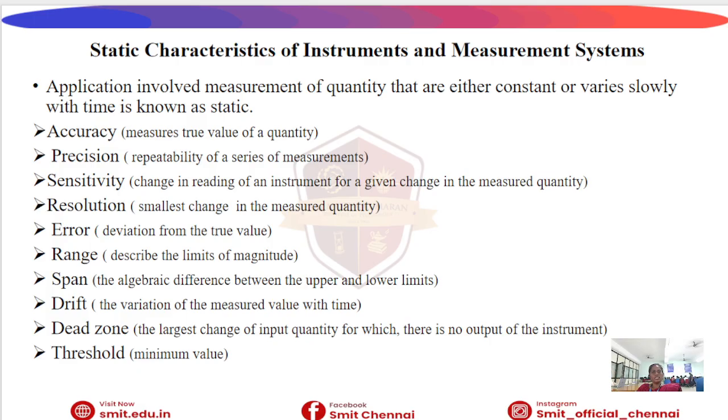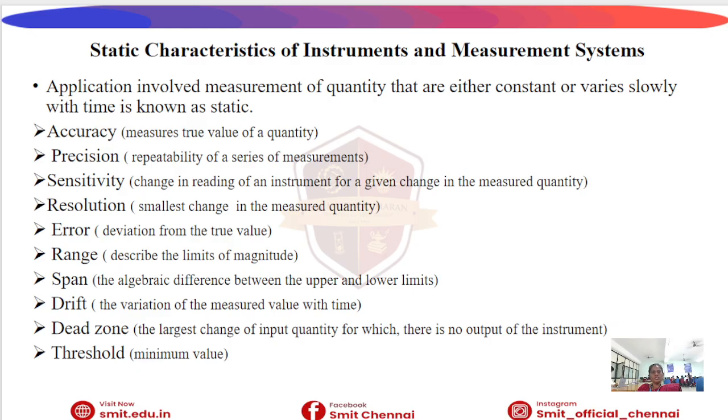Accuracy is how close the reading is to the true value. Precision is the degree of repeatability of readings. Sensitivity is the change in output per unit change in input. Resolution is the smallest detectable change.